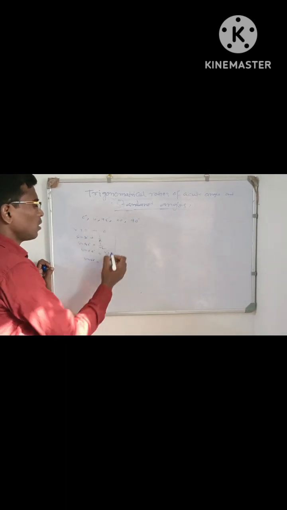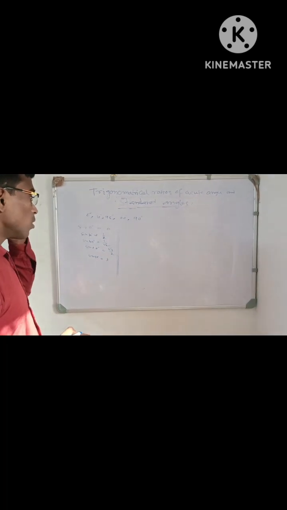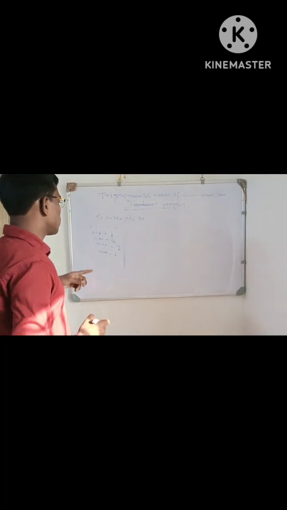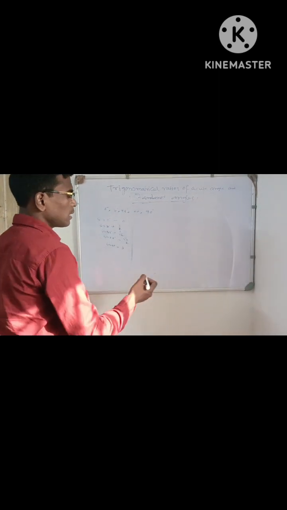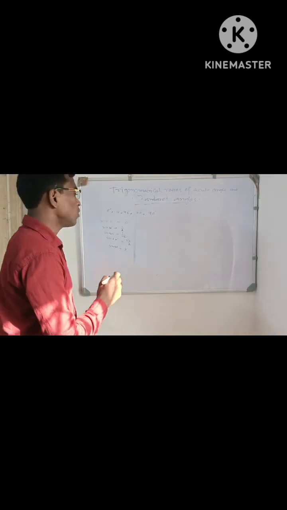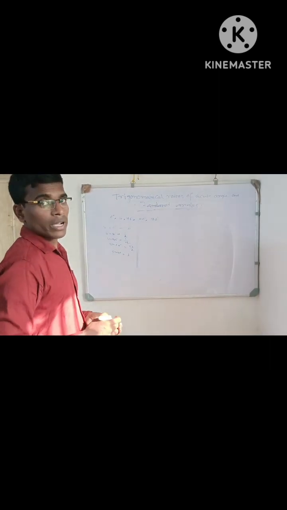Similarly for the other trigonometrical ratios like cos 0, cos 30, cos 45, there is a chart in your book. You should remember this from the book.